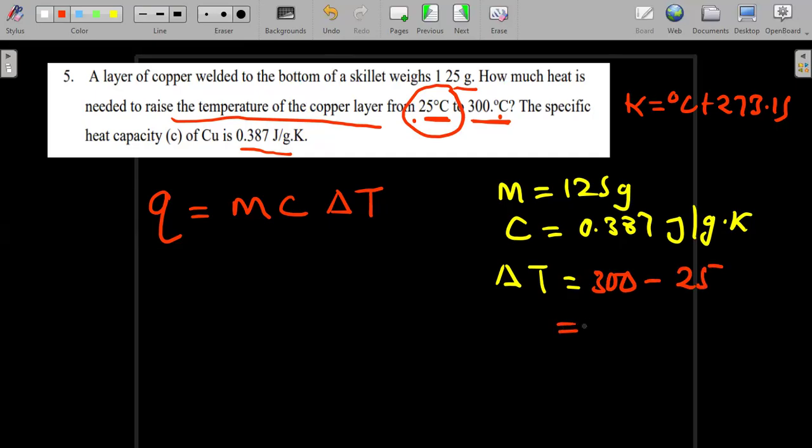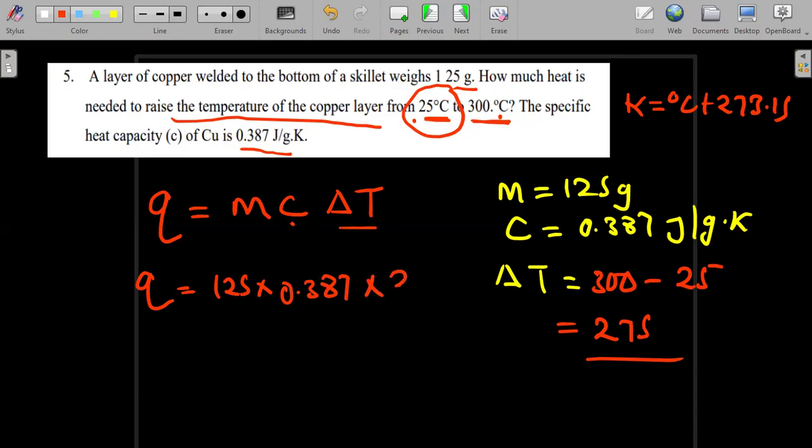So what will this give us? It's going to give me 275. So this is the change in temperature. Now we can find how much heat was needed to raise that temperature. So we're going to multiply 125 by the C here, which is 0.387, multiplied by the change in temperature, which is 275.